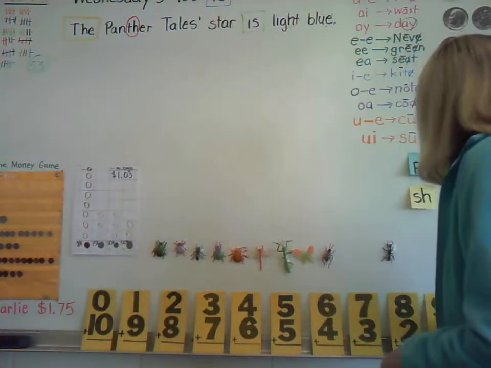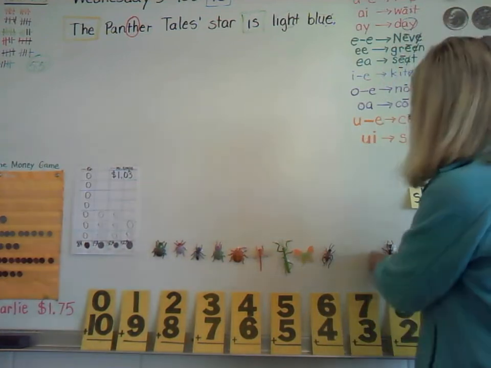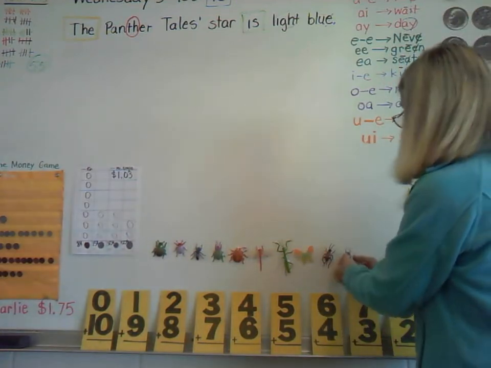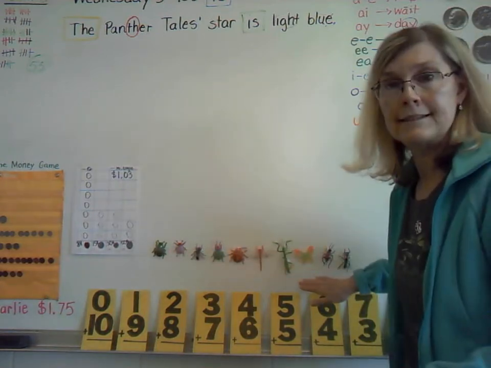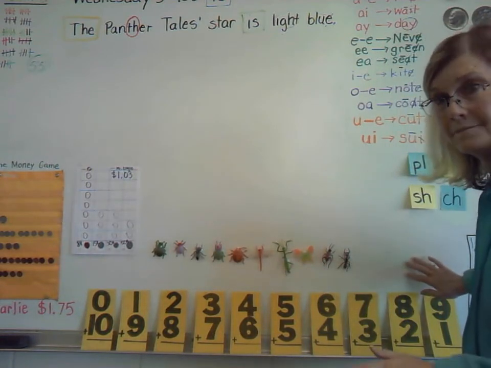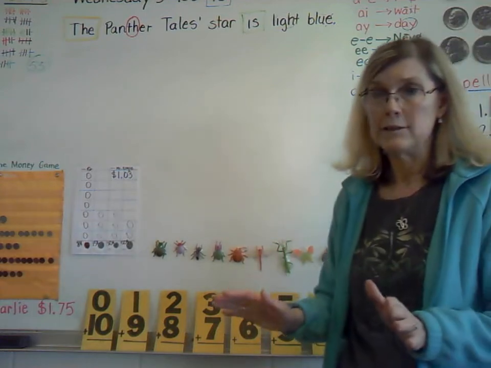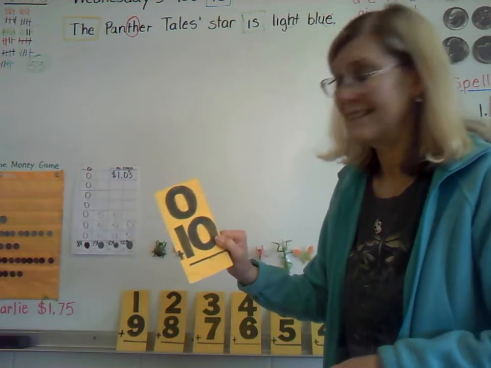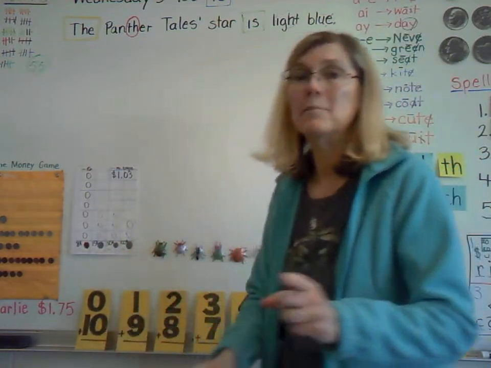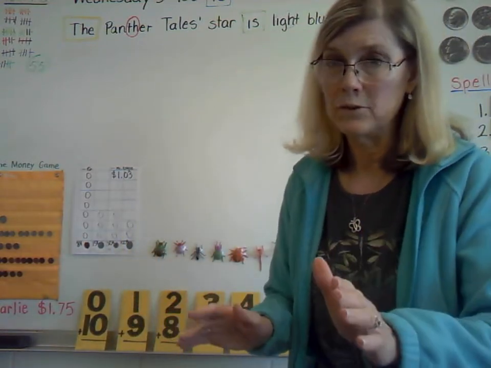Okay, let's put our little ant over here next to our cricket friend. And now we've got all 10 on this side, plus how many over here? Right, 0. So it's the twin to 0 plus 10. 10 plus 0 equals 10.